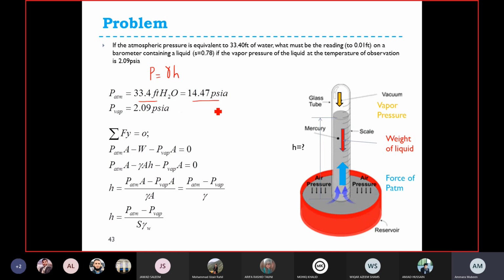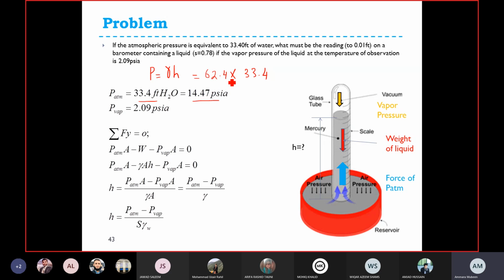So this is the atmospheric pressure in terms of PSIA. So they have done it like this. Gamma of water, in British gravitational system, is 62.4 multiplied by, since H is given, H is 33.4.